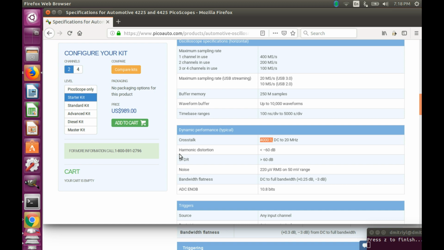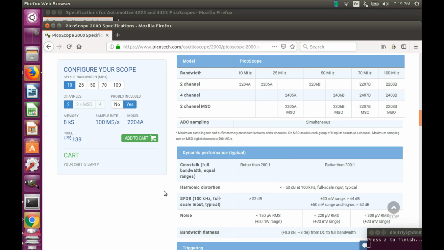And this parameter is measured as a ratio of the ghost sine waves to the original one. And as electrical engineers like to do, they always measure things in decibels. So it says minus 60 decibels. All you need to know, it's a pretty awesome value. And for Picoscope 2000 series, this is only guaranteed to be minus 50 decibel.